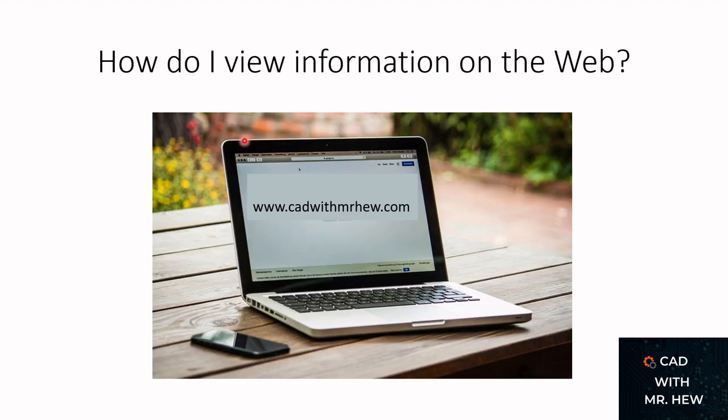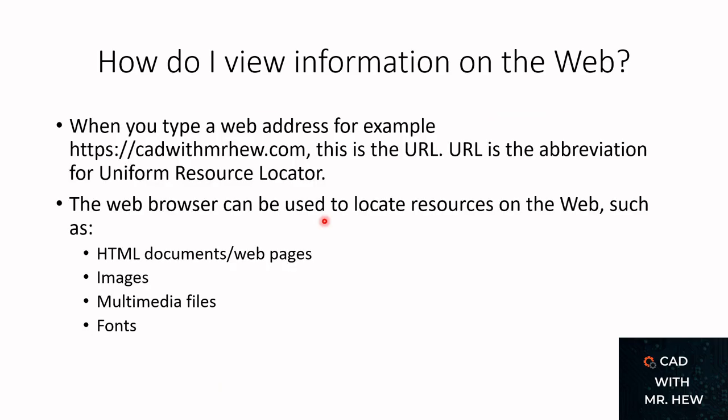Okay. Now, how do you view information on the web using your browser? You type in the URL, right? And here, for example, you can type in the web address, for example, https:// and just as an example, cadwithmrhugh.com.